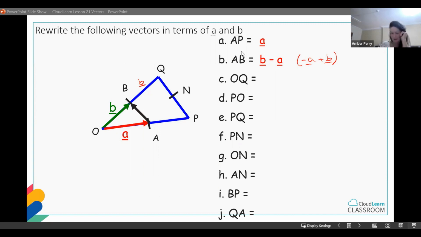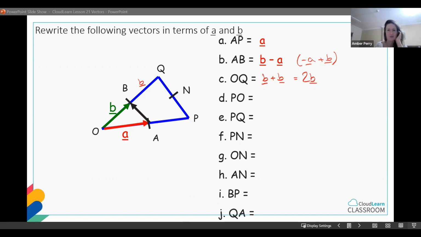I'd have to go B plus B. And obviously we can then simplify that to 2B. Okay, so I'm just going to write the answers in. How about PO? Okay, so PO, you've got sort of two steps here. I want you to think about not only the magnitude, but the direction, the size and the direction of this vector.